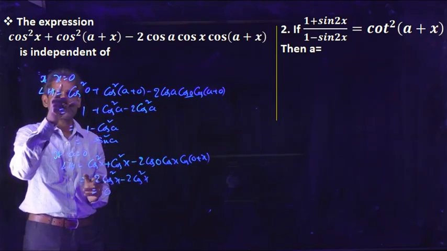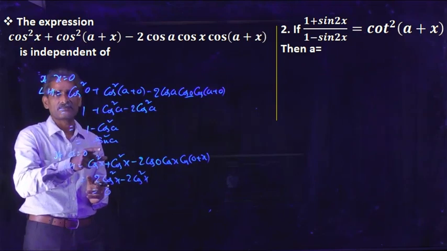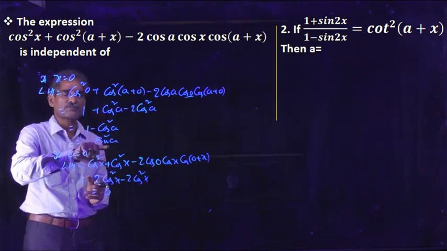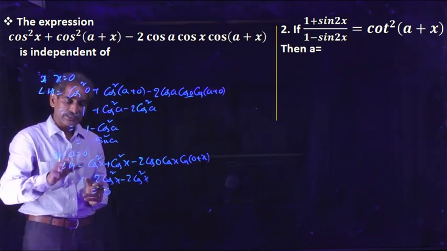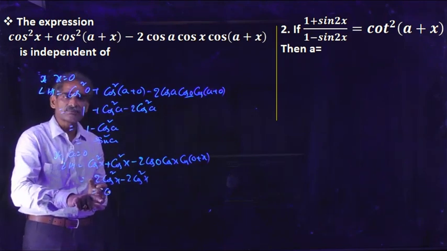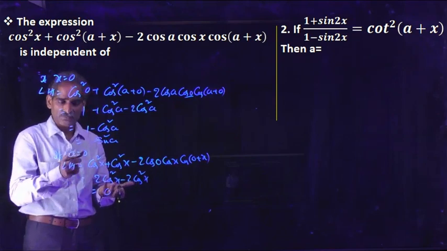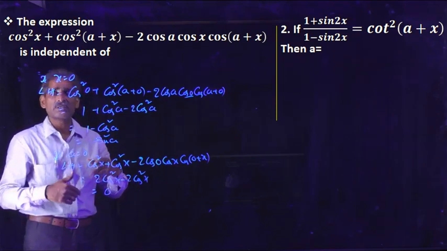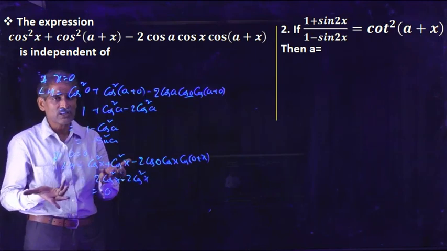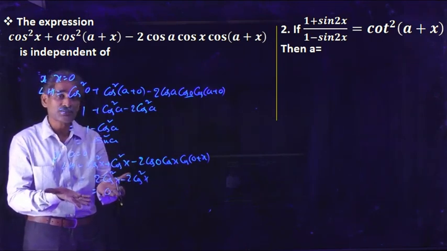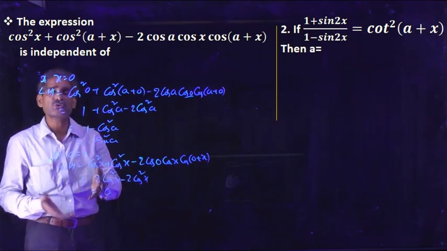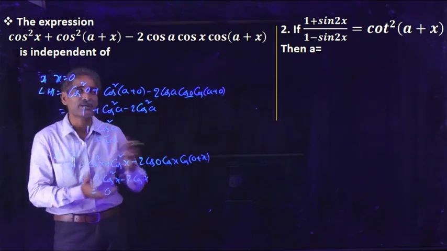If you take a equal to 0, we are getting a constant, there is no a and x. That means we are removing a, but we are not disturbing x, and even though we are getting a constant value, the expression is not in terms of x. So from these two, we can say that this expression is independent of x.